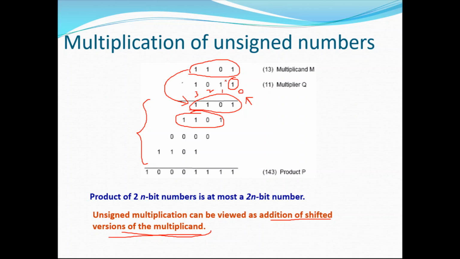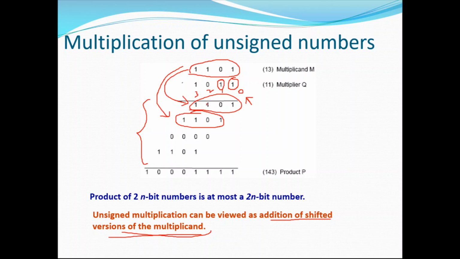When the first bit is 1, copy the multiplicand and shift it left by 1 time. If the first bit is 0, then also left shift by 1 time, but copy zeros, not the multiplicand.